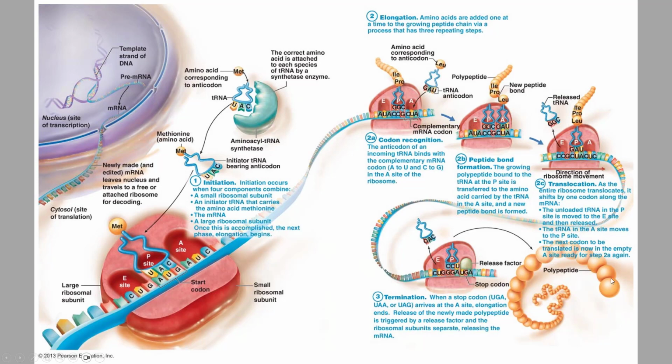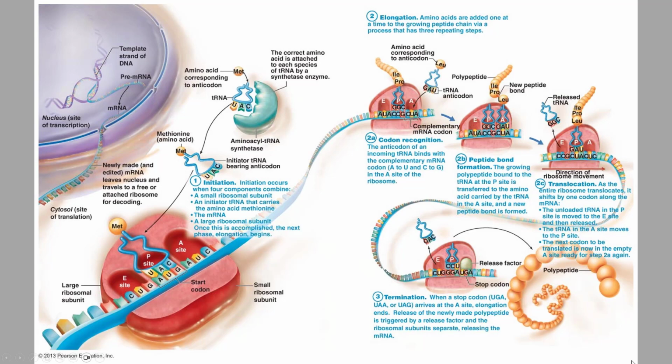Then that growing chain of amino acids falls off. What do we call a chain of amino acids? A polypeptide. It's not a protein yet. It will be soon. So what happens? What's the point of this polypeptide in the protein? How do we get from polypeptide to protein?